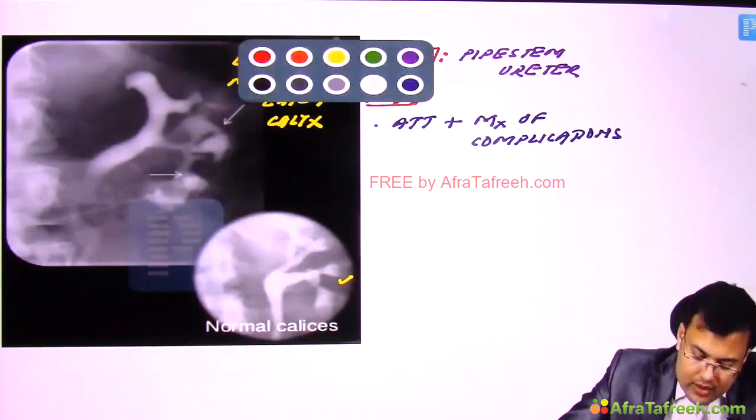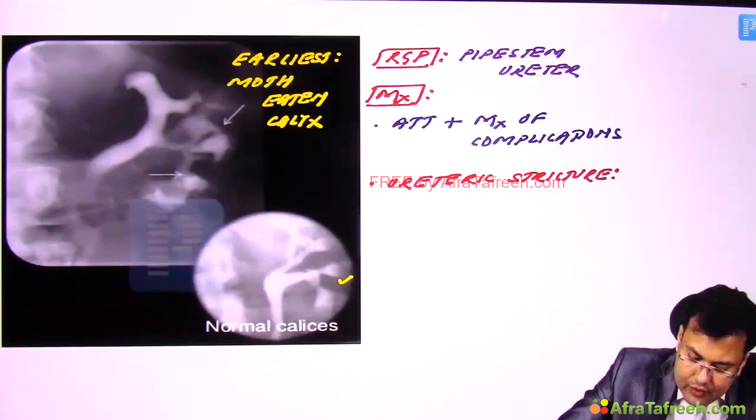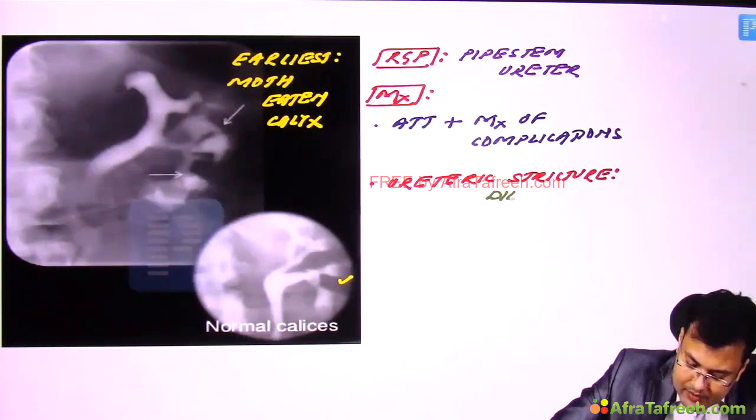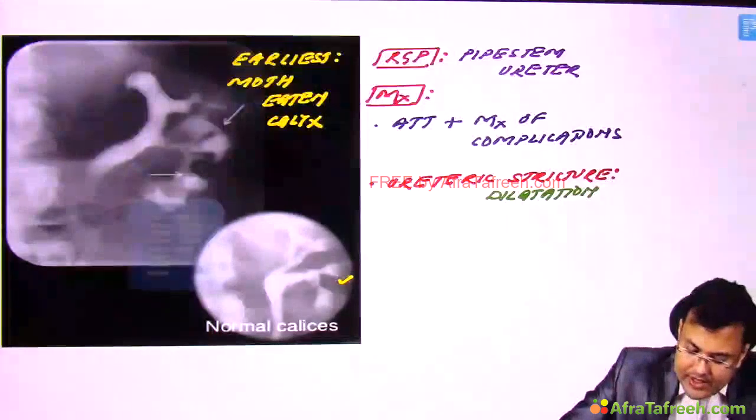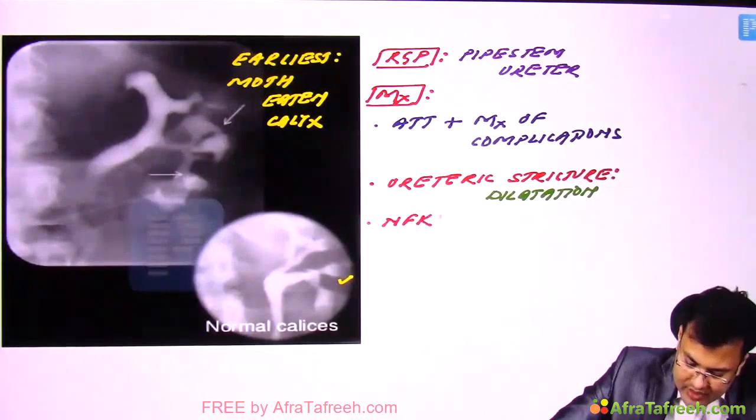So the patient who has ureteric stricture, we go for what? Dilatation. If the patient has a non-functioning kidney, in that case we go for nephrectomy.